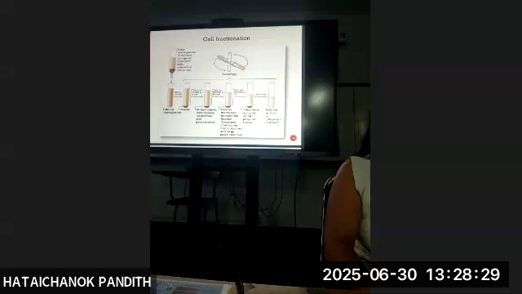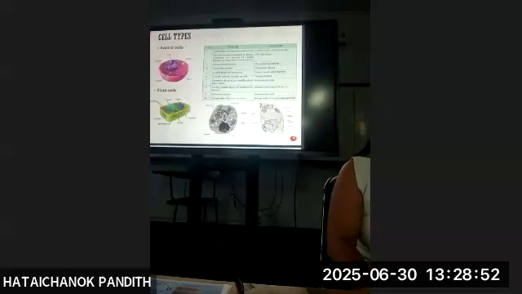If you increase more, it can separate ribosome subunits. And the last one, of course, cytosol or cytoplasm. See, if you increase the power, you can get the smaller compounds or organelles out, whatever.